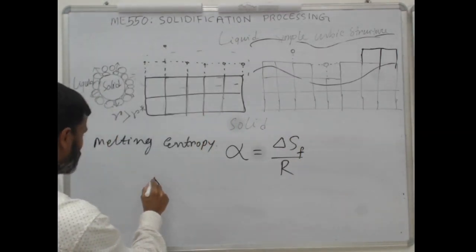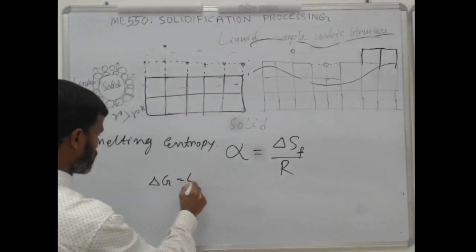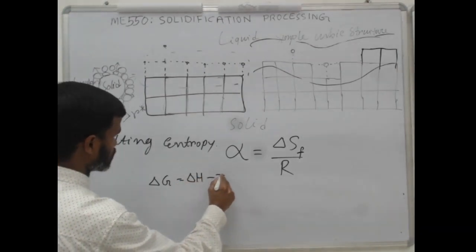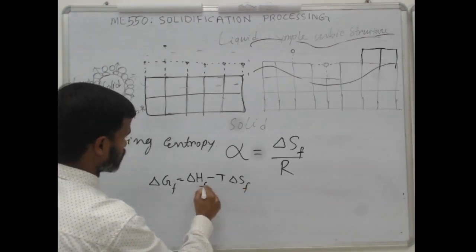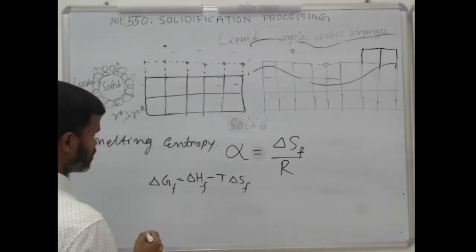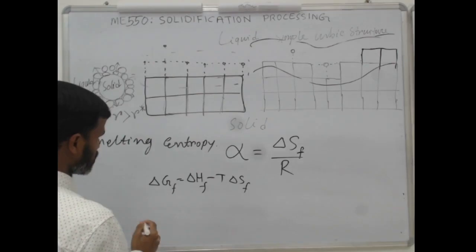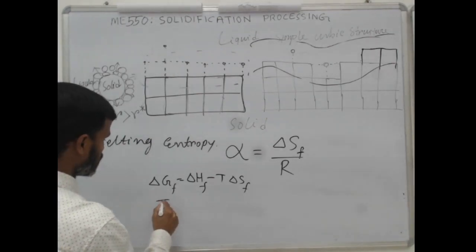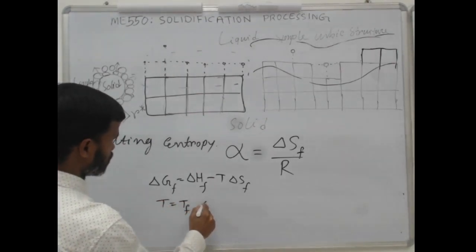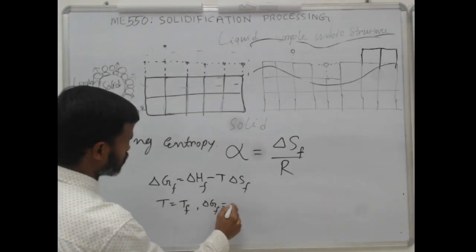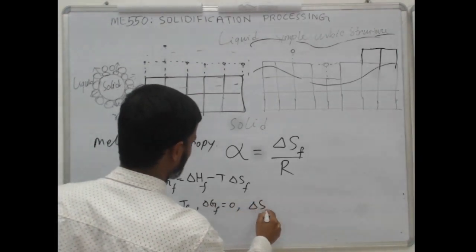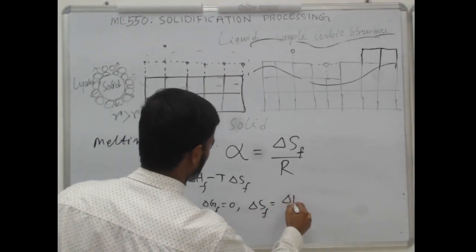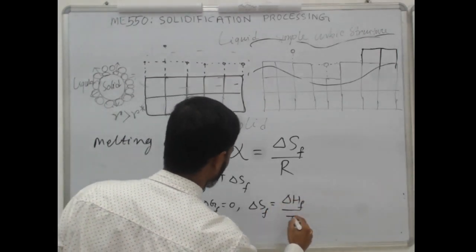As you know, delta G is delta H minus T delta S. So at fusion temperature, or melting temperature, or solidification temperature, at equilibrium, at Tf, delta G will be 0. So delta SF is delta HF by Tf.